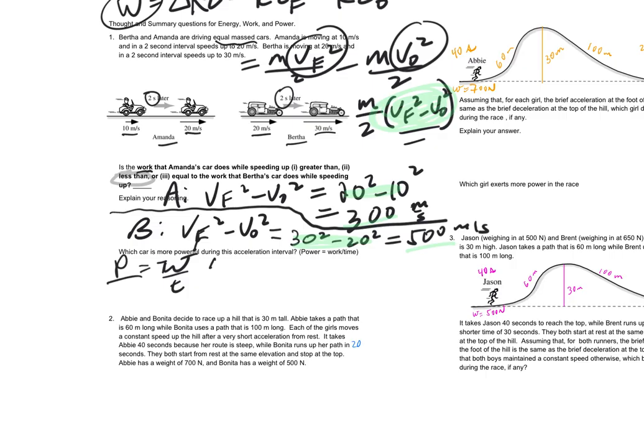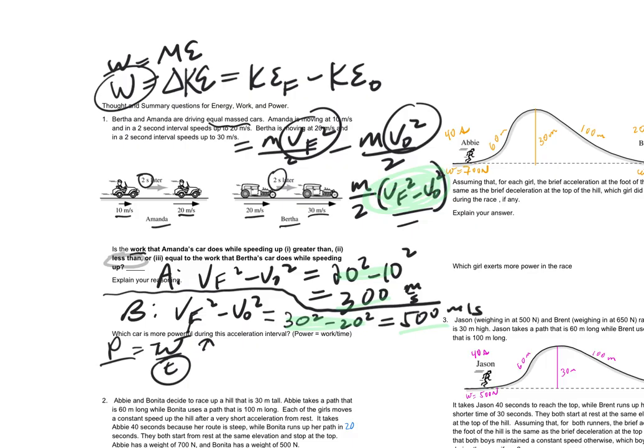And they're accelerating in the same time, 2 seconds, like I said before. The car that does more work in the same amount of time is more powerful. So that'd be Bertha. Bertha's power is greater than Amanda's, because the work that Bertha does is bigger than the work that Amanda's car does.